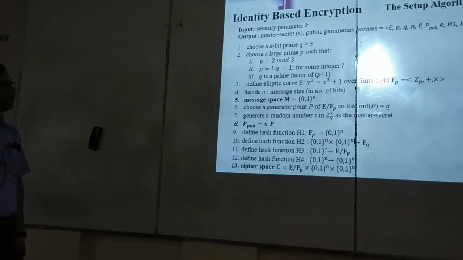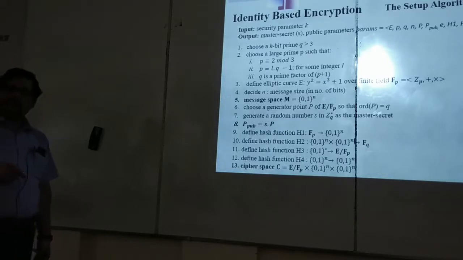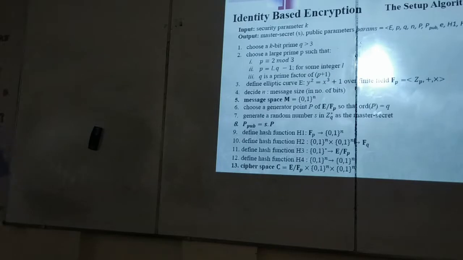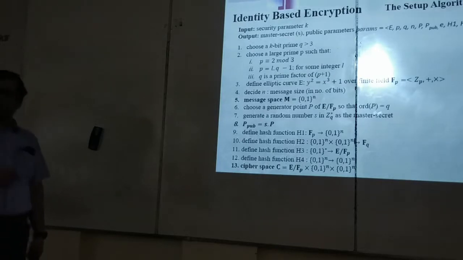Even if you forget the other steps, this and this you have to remember. And of course, the cipher space definition. If you forget the hash function definitions, that is okay, you can check from the notes later whenever you write the paper.